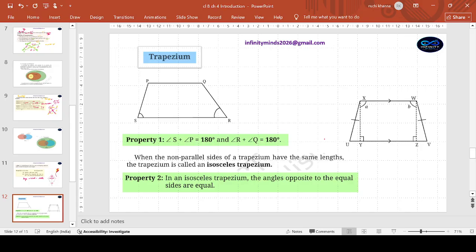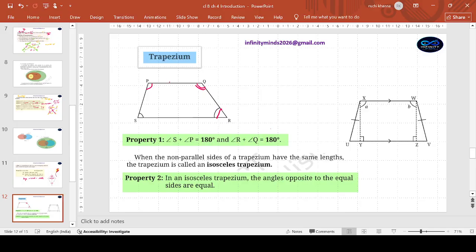Trapezium. Say trapezium PQRS. Again, it's a four-sided figure. Angle S plus angle P equals 180 degrees. Two adjacent angles add up to 180 degrees, and the same is Q plus R, 180 degrees.